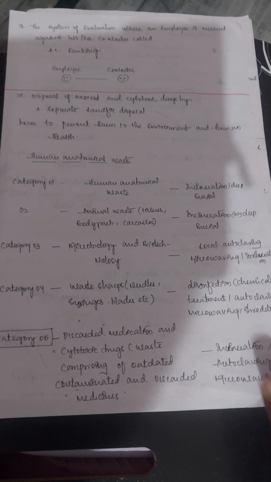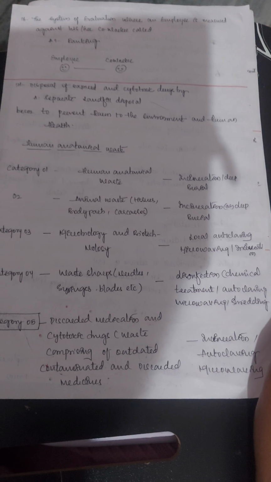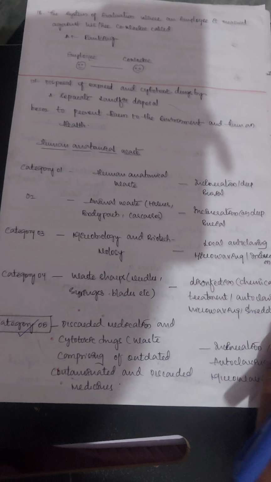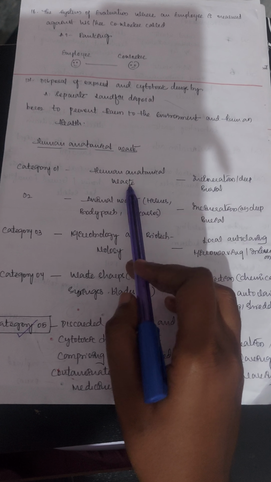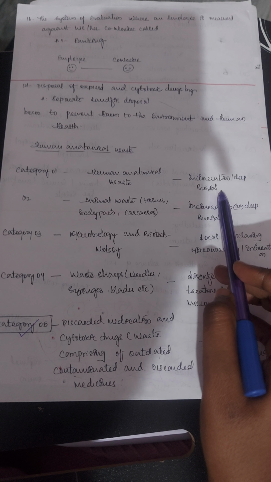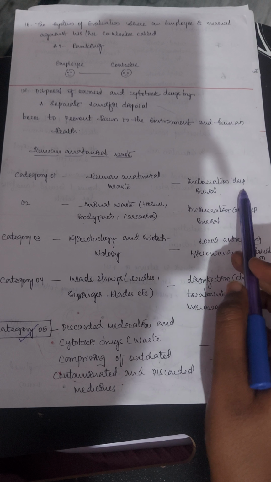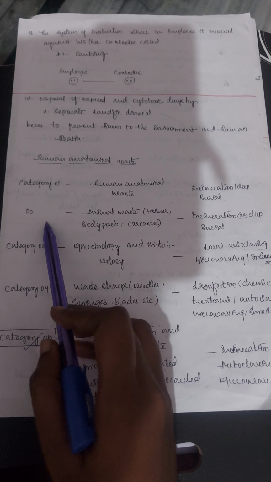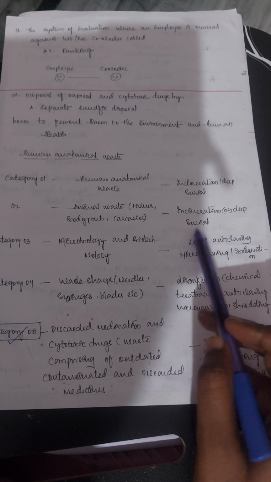We can prevent harm to the environment and human health. Here you can see the biomedical waste categories. Category 1, human anatomical waste: incineration or deep burial. Category 2, animal waste: incineration, deep burial.